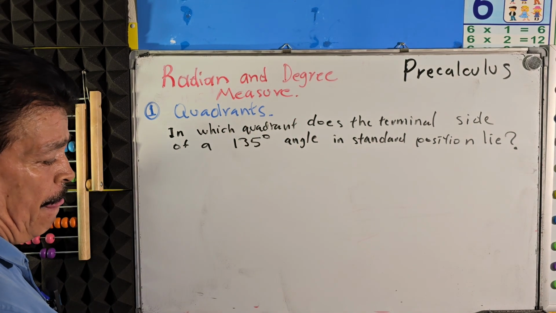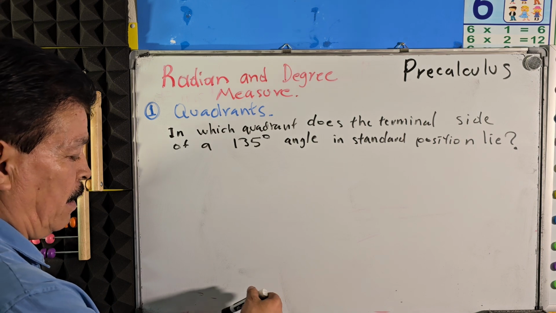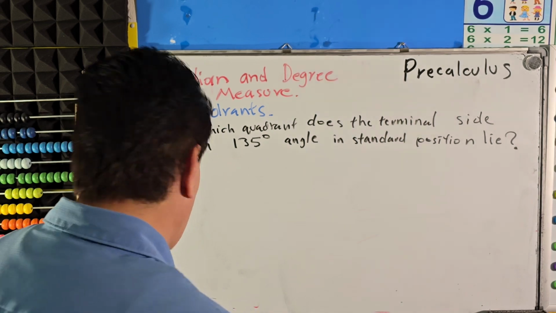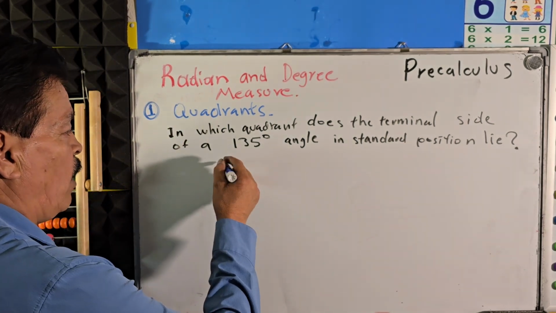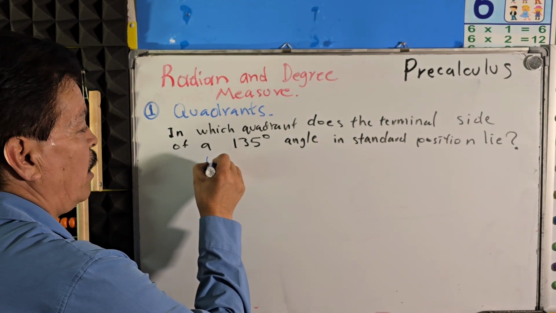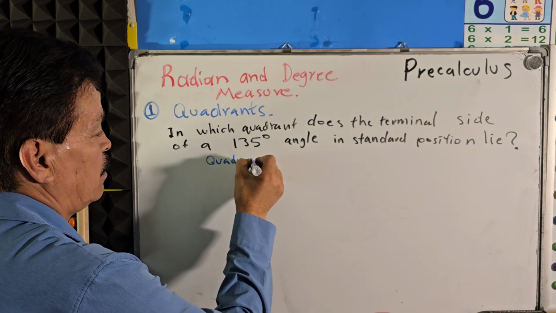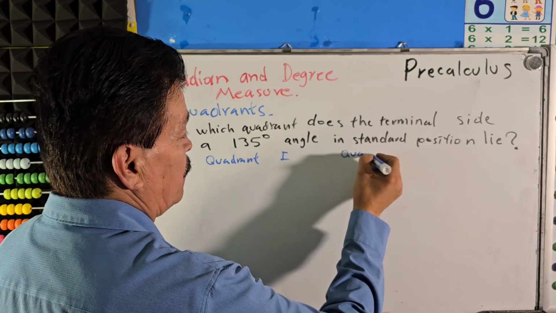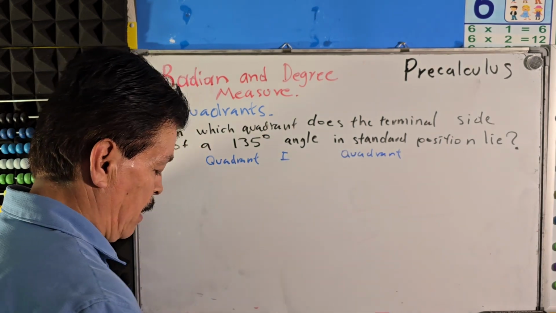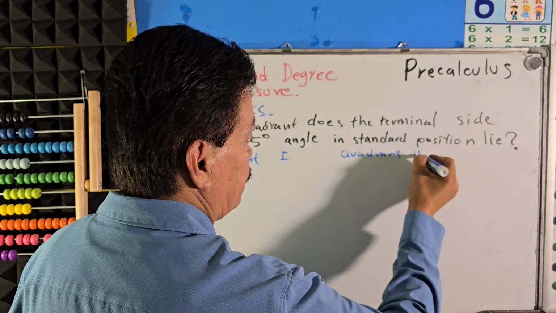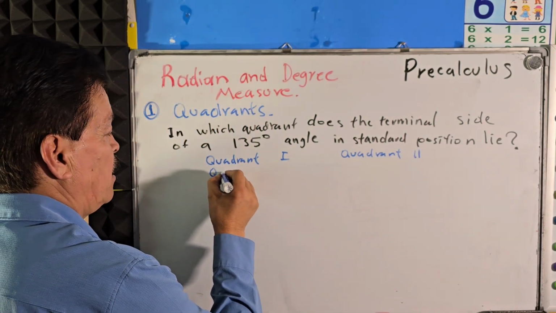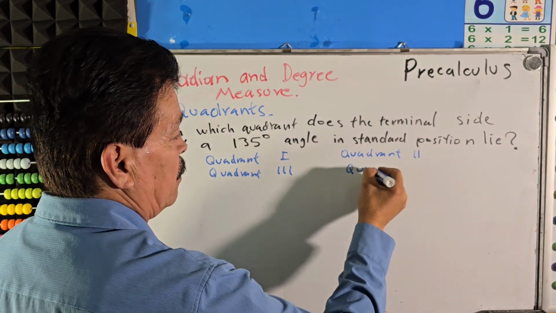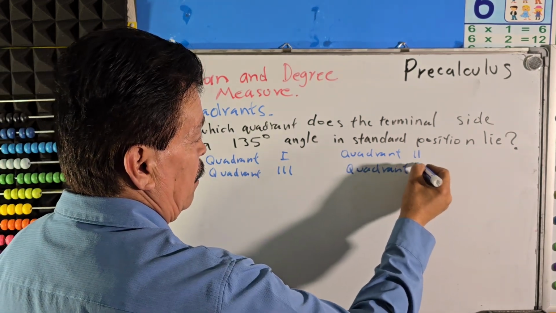Okay, we have 4 different possible answers. One could be quadrant 1, another quadrant 2, quadrant 3 and quadrant 4.